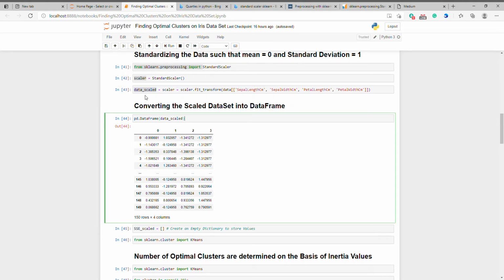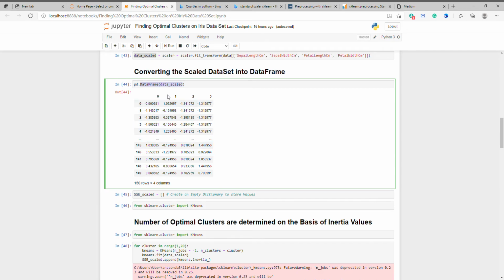Now I am converting this data_scaled into a data frame by using DataFrame, which is a function of pandas.